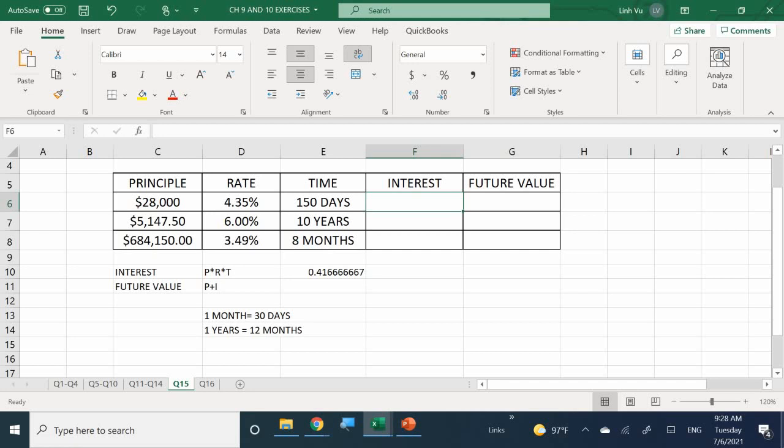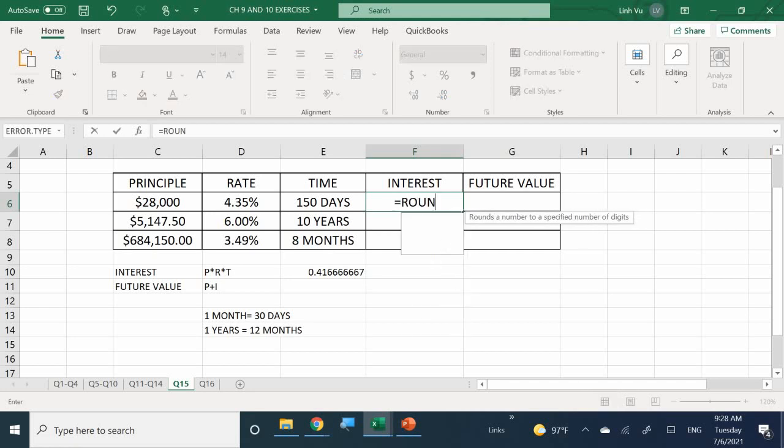So I'm going to use equals ROUND because I want my interest number to the nearest penny. I'm going to enter my formula exactly as is. There are 2 ways you can do it, but I would recommend using fractions so you get the most accurate decimal.